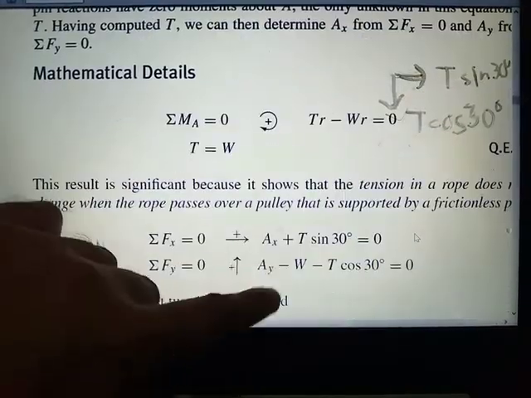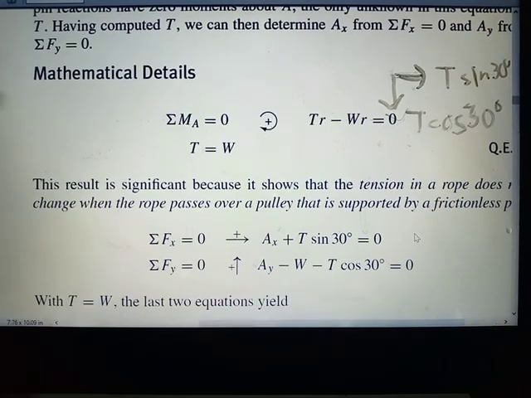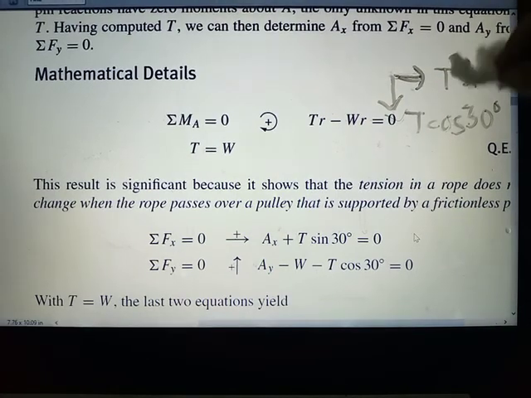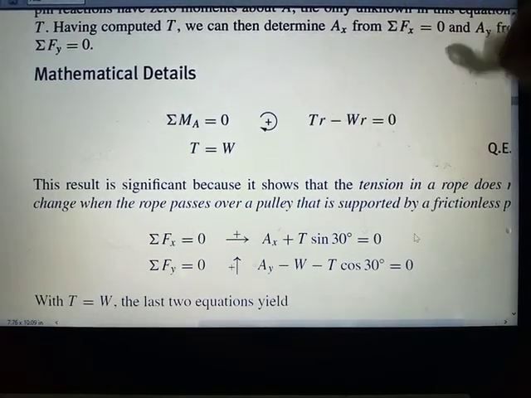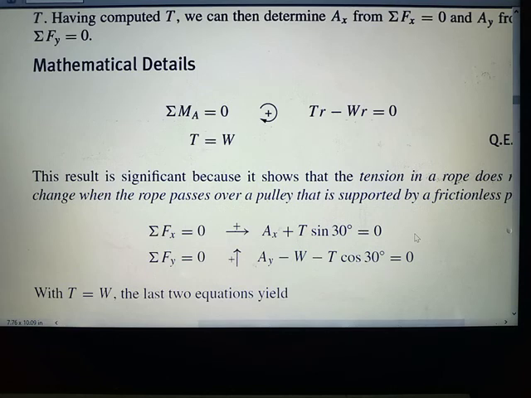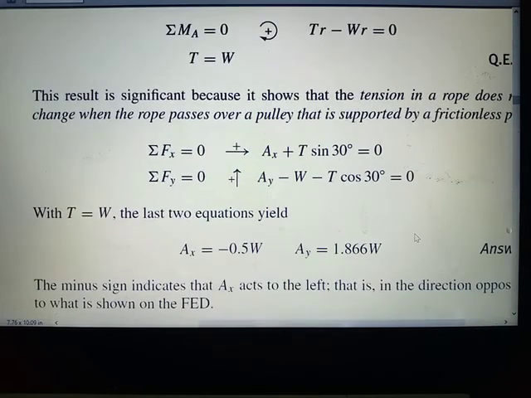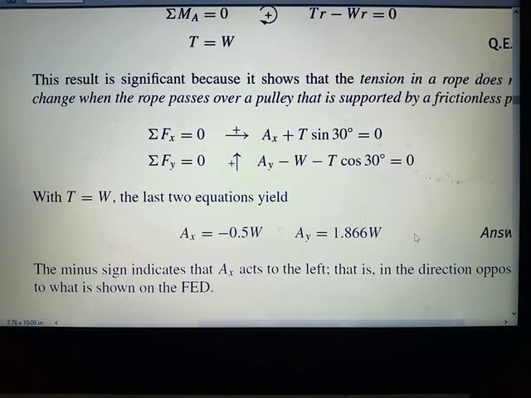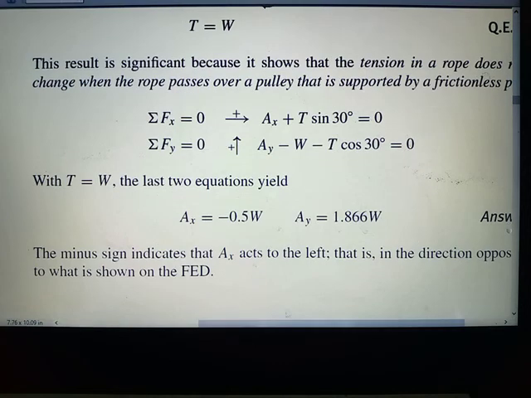So AY minus W minus T cosine 30 degrees is equal to 0. That's how you do it. Solving, therefore, AX is equal to negative 0.5 W, and AY is equal to 1.866 W. So that is the answer.